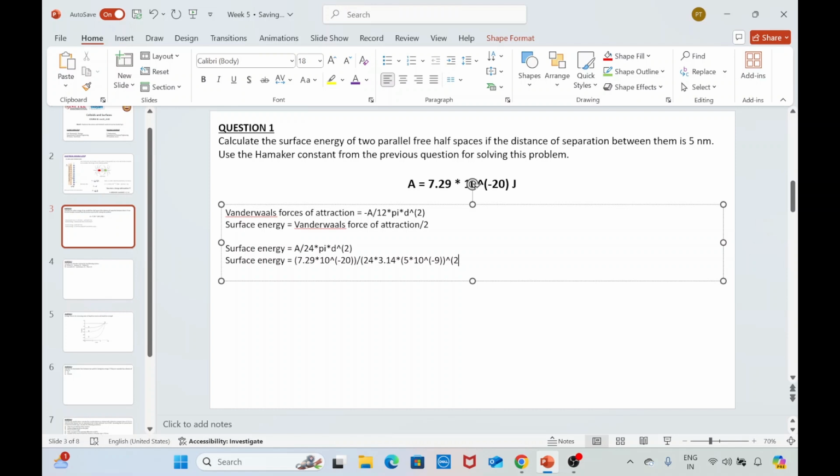So I hope by now you would have calculated the value of this expression. So what is the value? And what are the units for surface energy?